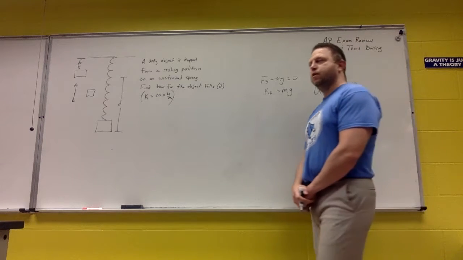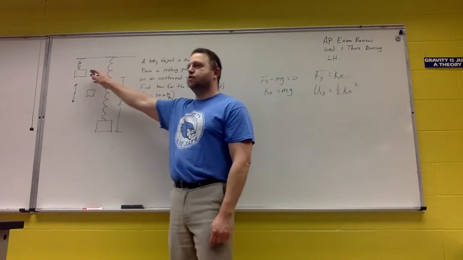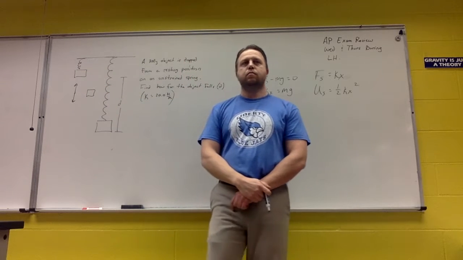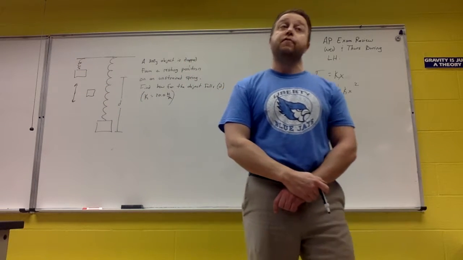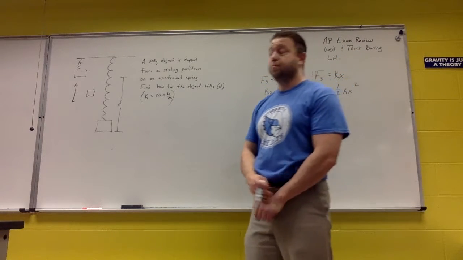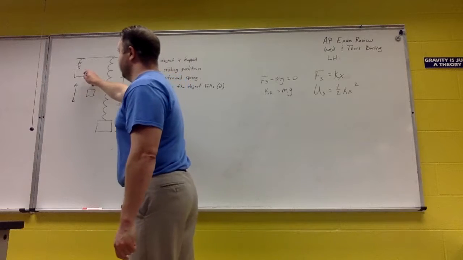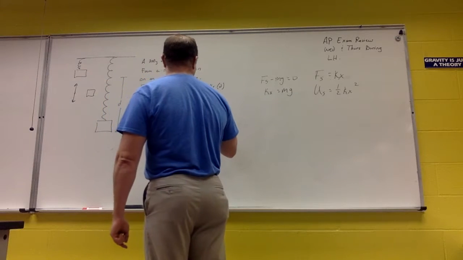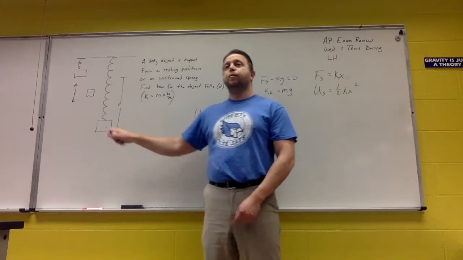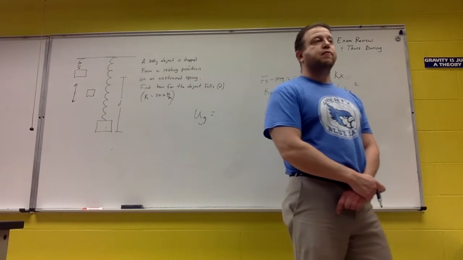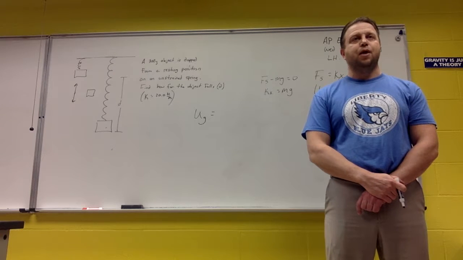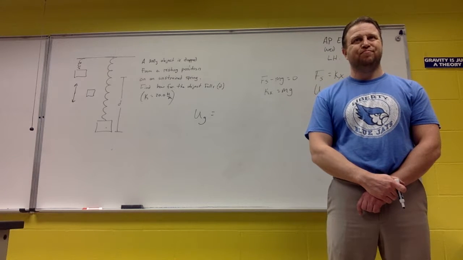Okay, what type of energy is stored here? Elastic and gravitational potential. We have two different potentials now, so we need to keep that straight. Remember what I keep telling you guys to do with gravitational potentials: set your lowest point in the problem as 0 meters.